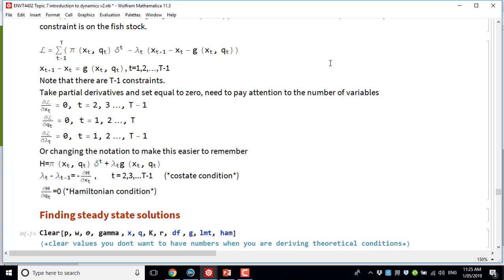So I'm going to gloss over some of the details, but I'll say what the principles are and give you what's called a golden rule of optimal fishing.